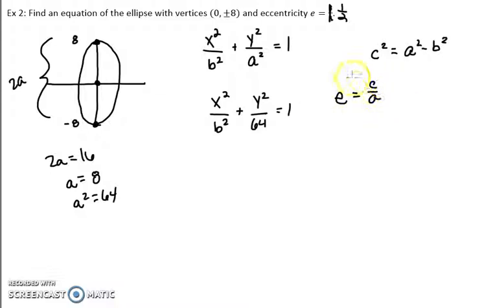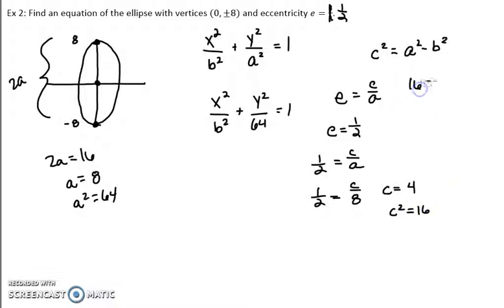So if e equals c over a and e equals 1/2, we know 1/2 is equal to c over a. We found over here a is 8, so 1/2 equals c over 8, which means c has to be 4. So c squared is 16.